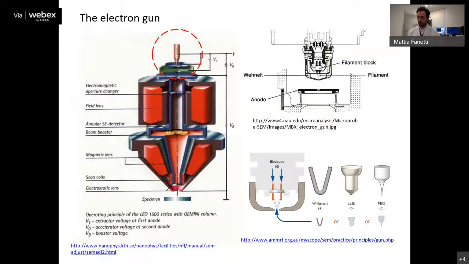Just a few words about the gun. The gun, as I said, is placed on top of the column. There are three main kinds of emitter: the tungsten gun, the lanthanum hexaboride emitters, and the field emission emitters.